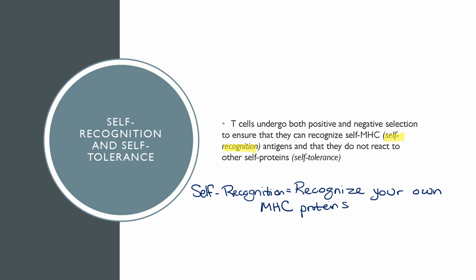And our second trait that T cells have to have in order to function properly is they have to lack reactivity to peptide fragments from your own proteins. So this is known as self-tolerance.